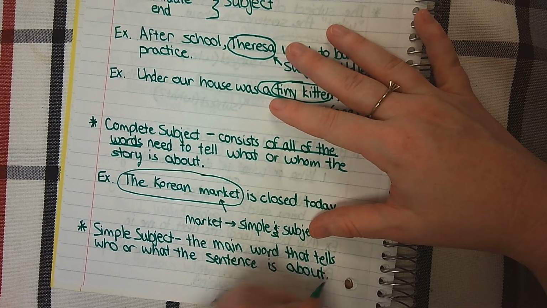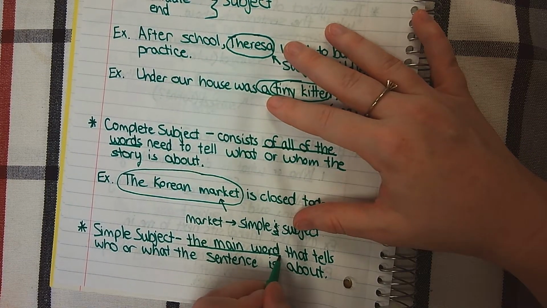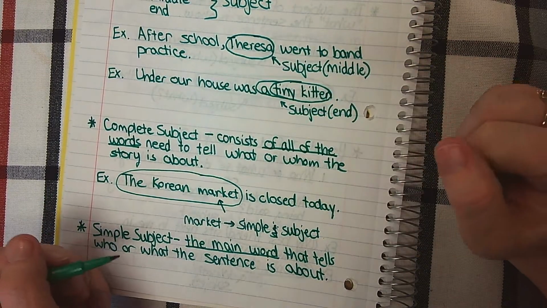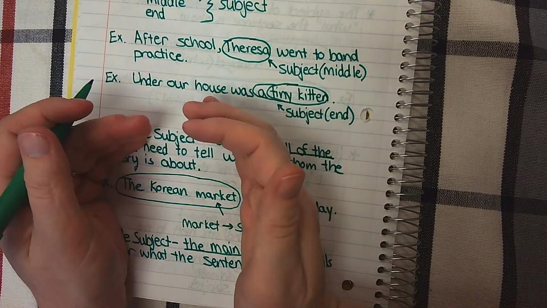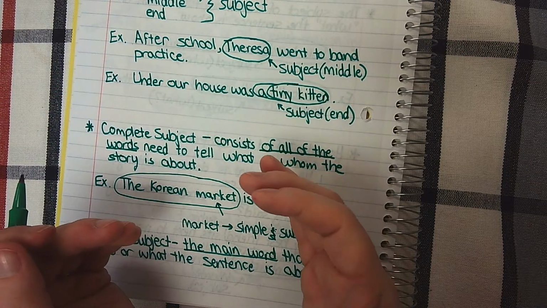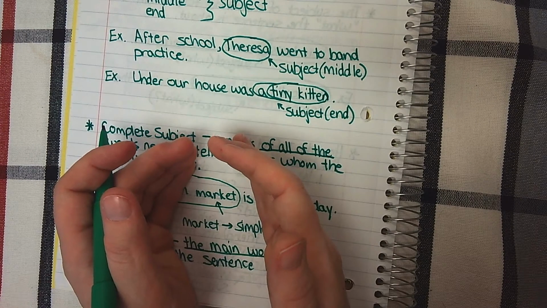And I'd like you to underline where it says the main word. So we're looking at just one. Complete subject, it's all of the words that go with it. Simple subject, it's just one of the words that go with it.